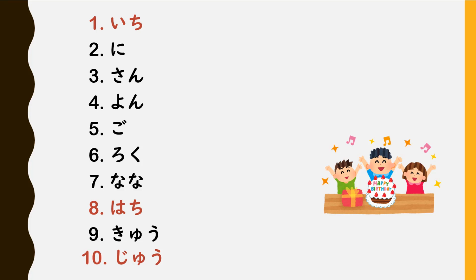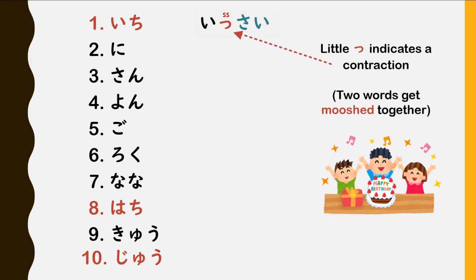Okay, before moving on to saying all the ages, let's first review the numbers 1 to 10. 1、2、3、4、5、6、7、8、9、10. Notice the numbers in red. With these numbers, there's a contraction between the number and the age particle sai. For instance, ichi sai becomes 1歳. The little tsu indicates the contraction.